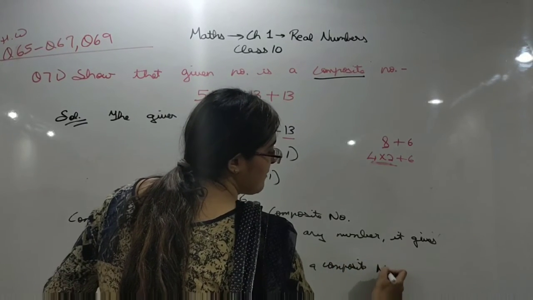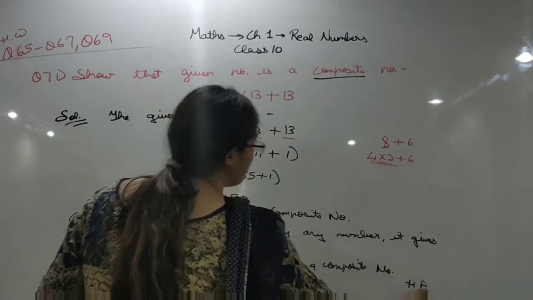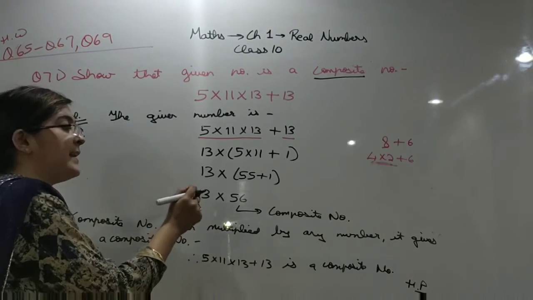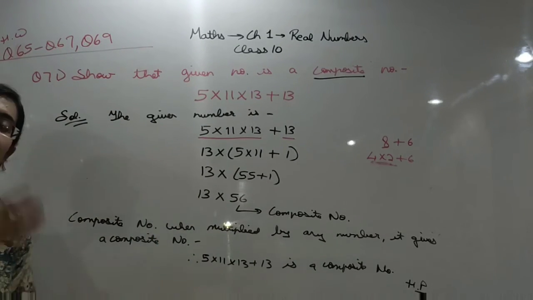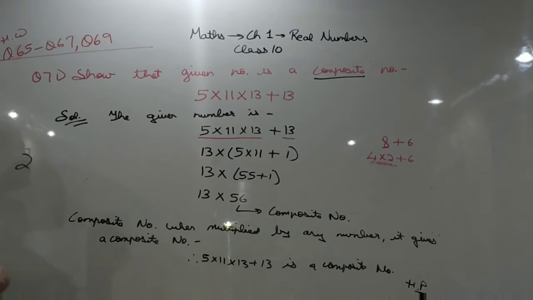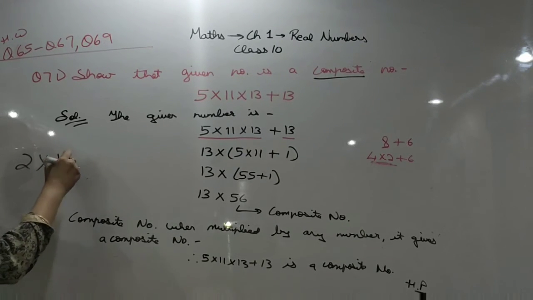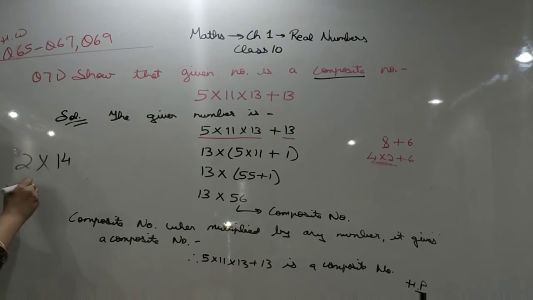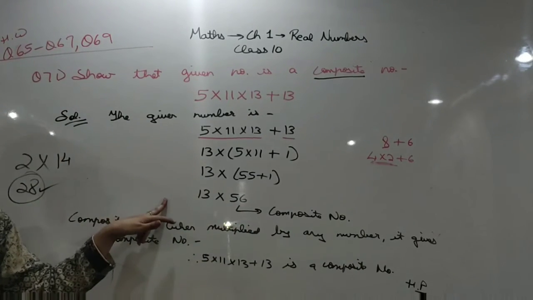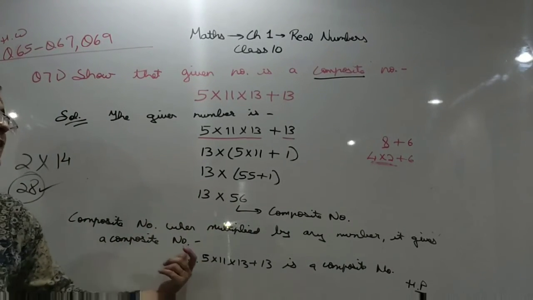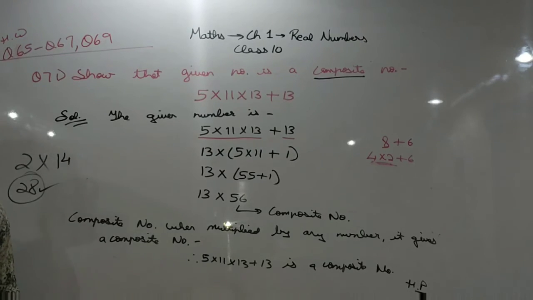You will say, ma'am, 13 is a prime number. Yes, 13 is prime. But this prime number is multiplied by a composite number. Let's see an example. If we multiply 2 by a composite number, say 14, it becomes 28. Again, 28 is a composite number. That means whenever a composite number is multiplied by any number, the result obtained will be a composite number.